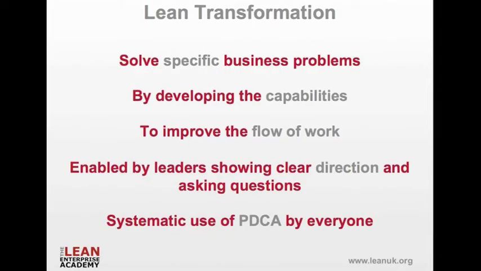It's about solving specific problems related to those CEO benefits that we're talking about. So it's for solving those problems by developing the capabilities of people involved in the process, overseeing the process, to improve the flow of work.